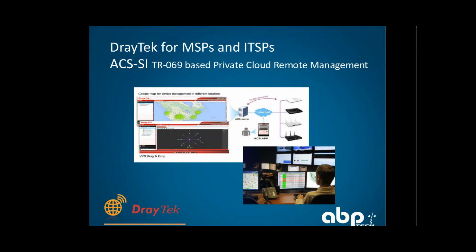So the ACS lets them manage and monitor thousands of DrayTek routers in their multi-site deployments. Like I mentioned before, Vodafone has 80,000 routers that they manage through a centralized interface with the ACS.